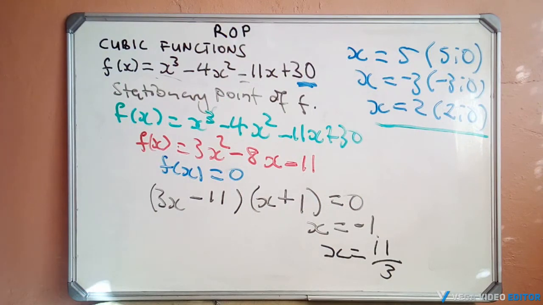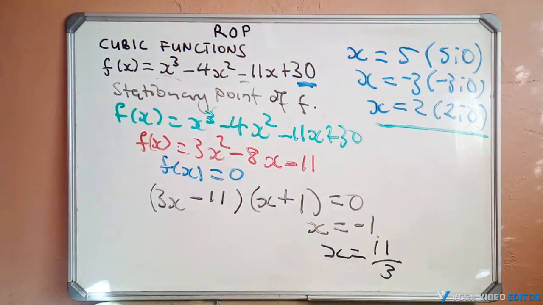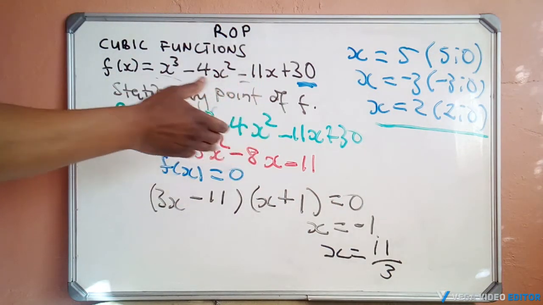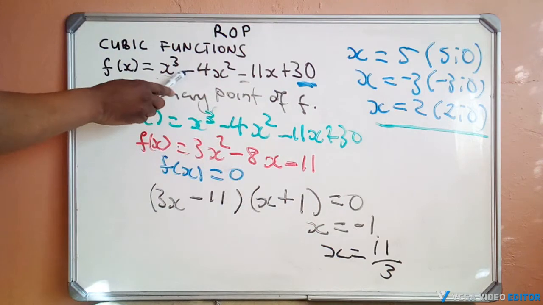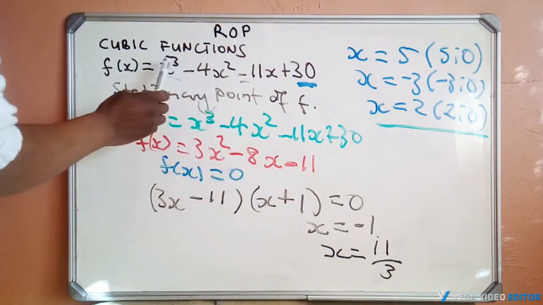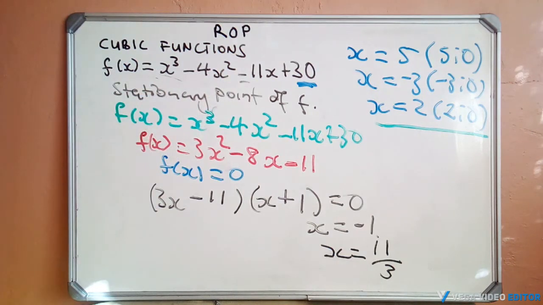All right, so the turning points there, when x is equal to -1, what will be our y? If you calculate there, put x equal to -1 here, that will give us a figure of 36, all right?